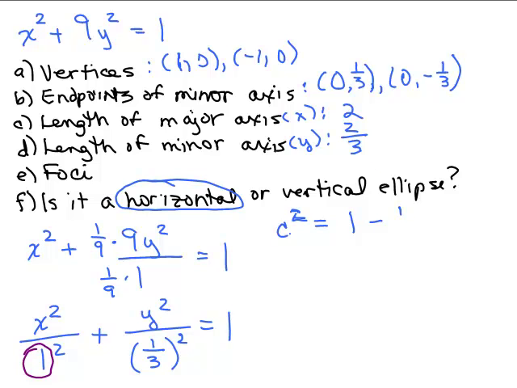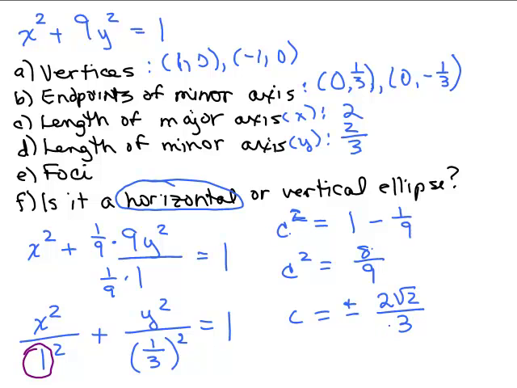Right? 1 minus 1/9. And that is 8/9. So c squared is 8/9. You take the square root, so I have plus or minus, right? Square root of 8 is 2 square roots of 2, and square root of 9 is 3. Remember, 8 is 4 times 2, so that's how I can pull out the 2 from under the square root.